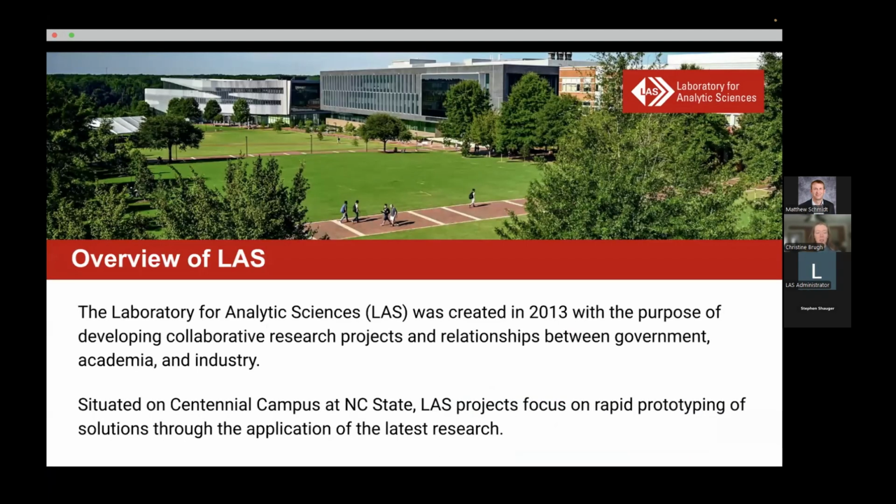So, overview of the Laboratory for Analytic Sciences. The Laboratory for Analytic Sciences, we are the host for SCADS. We are situated at NC State on Centennial Campus, and we are currently in our 16th year of working on projects collaboratively between government, academia, and industry to address national security challenges.